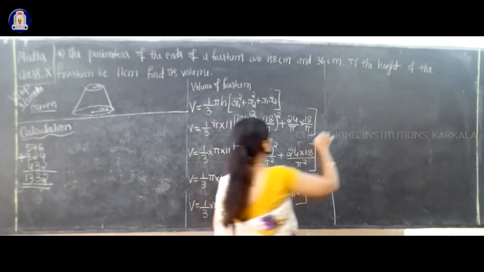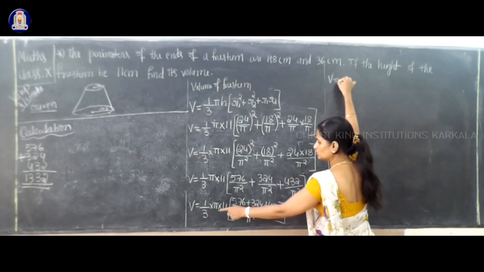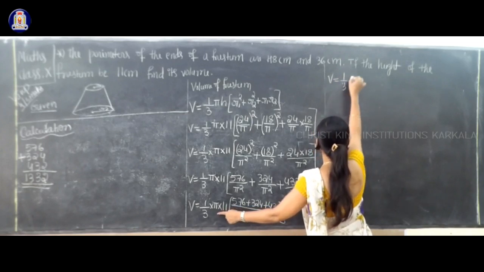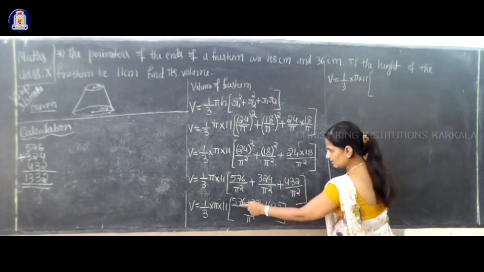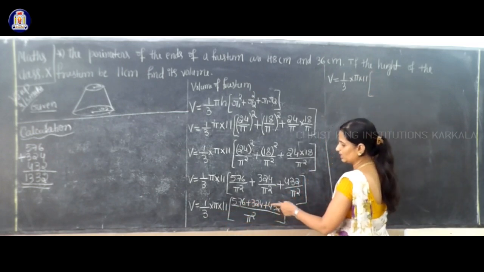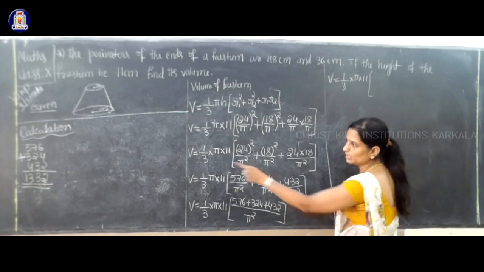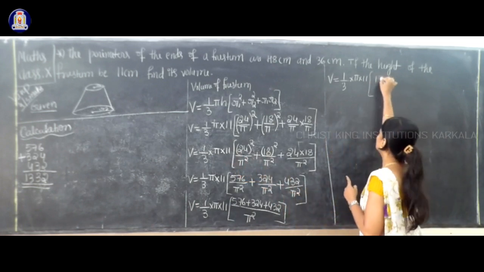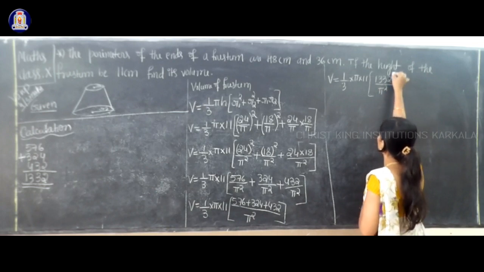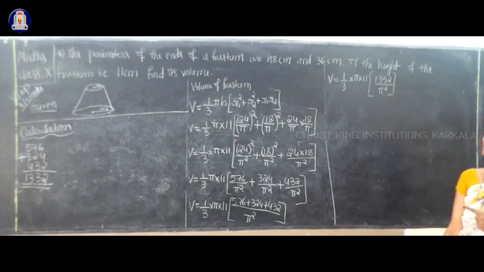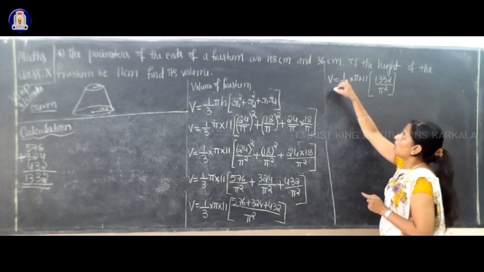So V is equal to 1 by 3 into pi into 11, into 576 plus 324 plus 432, which is 1332 divided by pi square. Now how to get this?